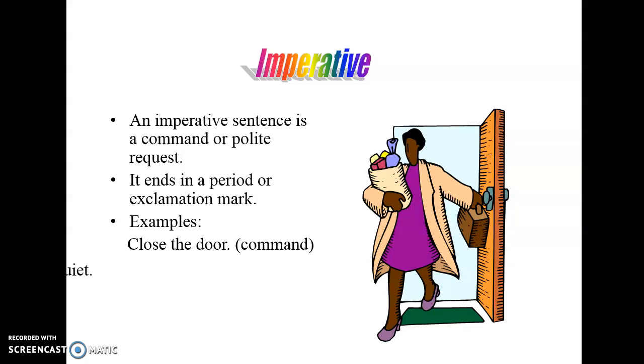It's an order. Or please be quiet. So it can either be very direct, or you can also put please be quiet. This is also a command or an order. And it can also end with an exclamation mark. Okay, don't forget, either a period or an exclamation mark.